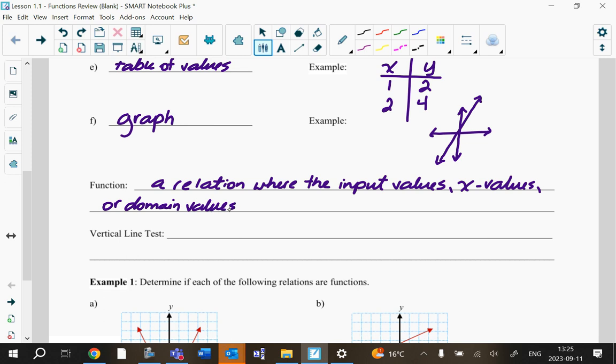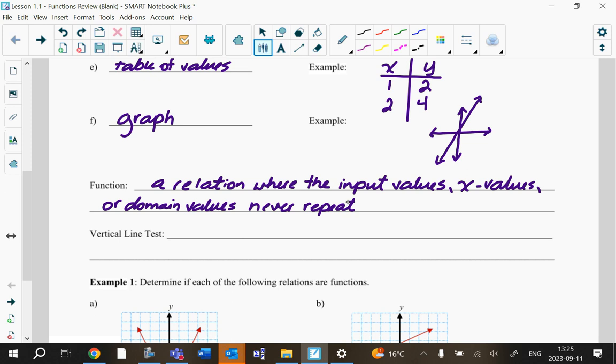They all represent information from the first set. The inputs, the x's, the domain, never repeat. Domain never repeats. Okay?